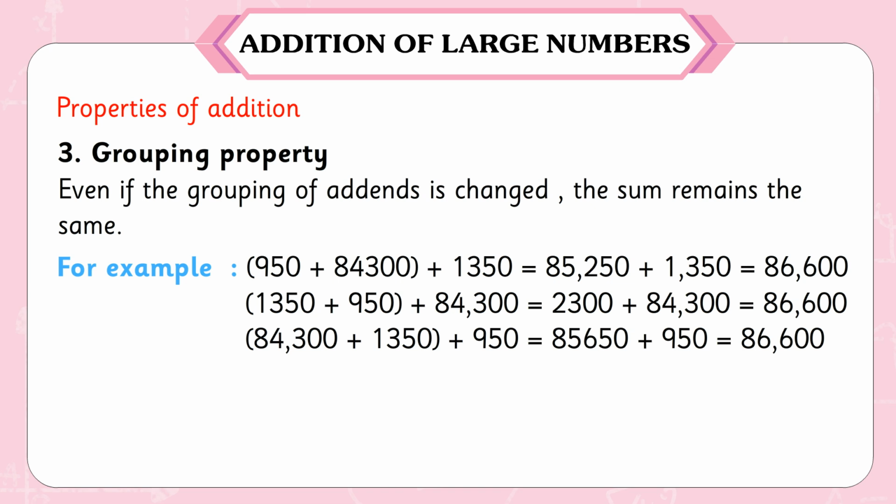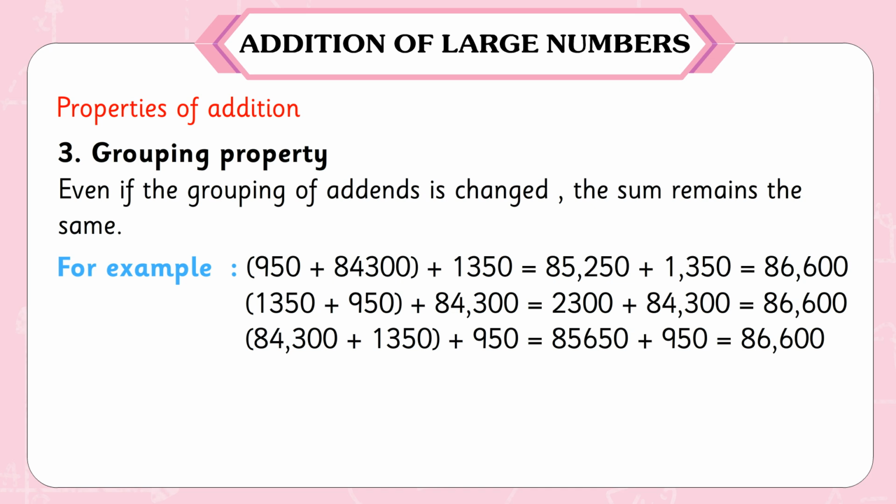In brackets, 1,350 plus 950, bracket closed, plus 84,300 is equal to 2,300 plus 84,300 is equal to 86,600.